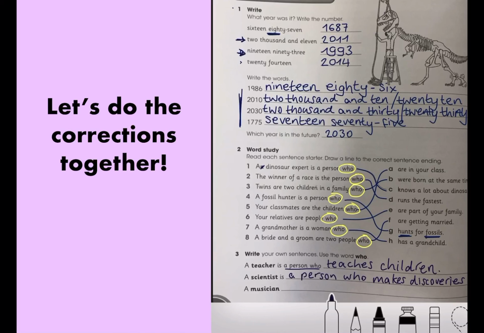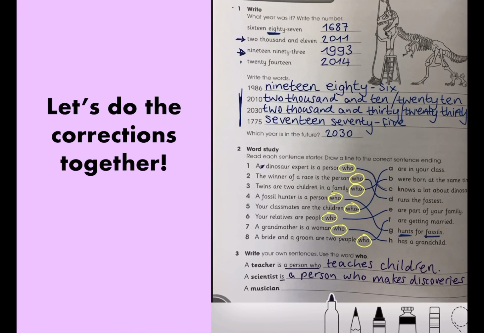Okay, you can put whatever you want. A musician, now we need to add also is, okay, so it gets more difficult. So a musician is a person. Here we have so many possibilities. We can say a musician, a person who studies music. Okay, this is just one of many possibilities, okay? Can't get my full stop in there for some reason. Okay, I'm going to put it there.